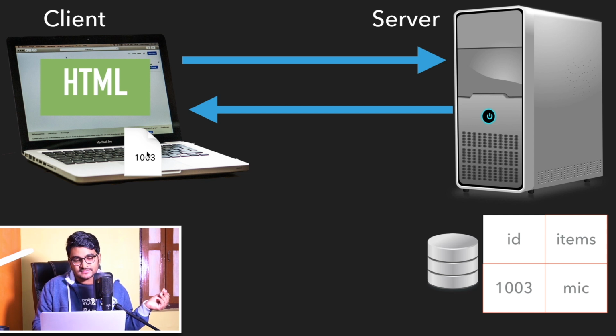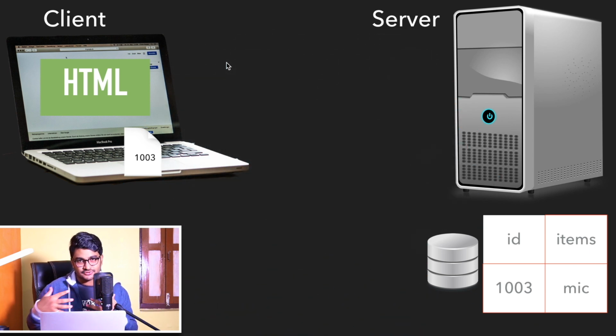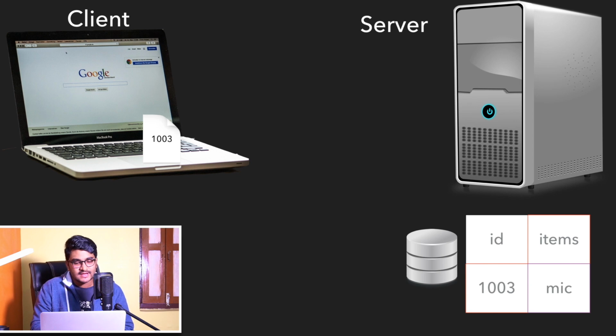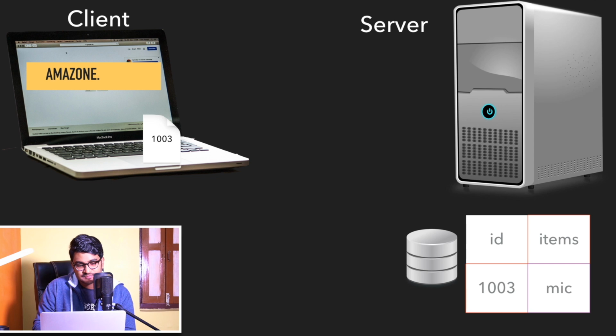And right after that, the request and response objects will be destroyed. As you know, HTTP is a stateless protocol, and the connection between me and the server is dropped.